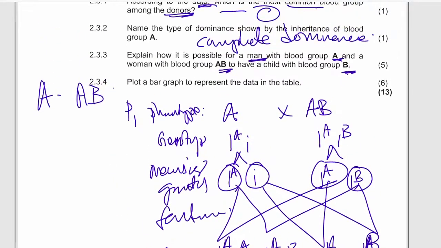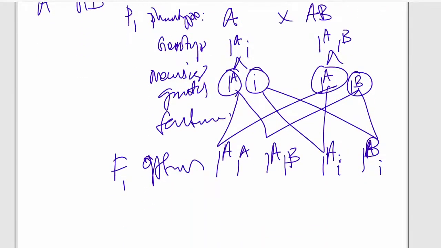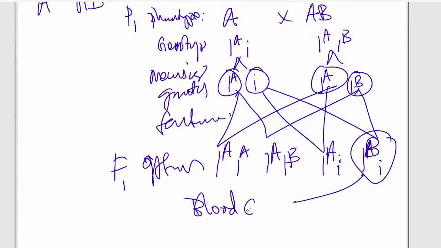So what was the question? Explain how it is possible for a person with blood group A and a woman with blood group AB to have a child of blood group B. So you can use this method.